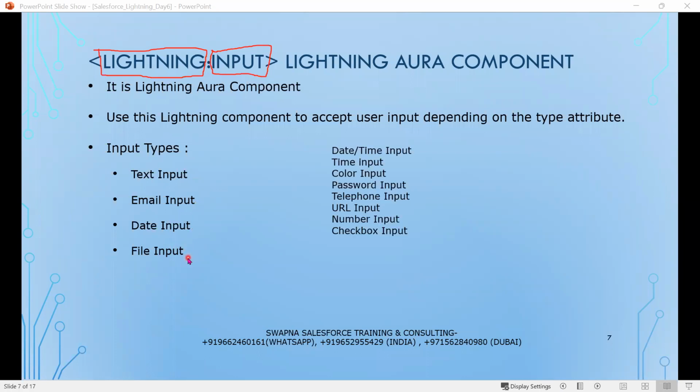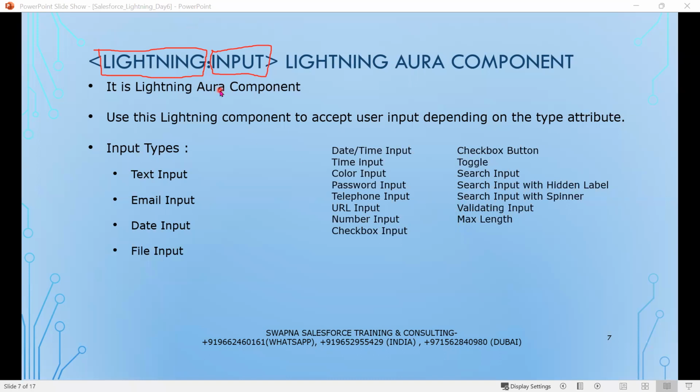There are others also, like date time input, color input, password, telephone, URL, number, checkbox button, toggle, search input with hidden label, search input with spinner, validating input, max length. If you understand how to use these four, you will be able to do the rest. The only thing is the type we need to change.